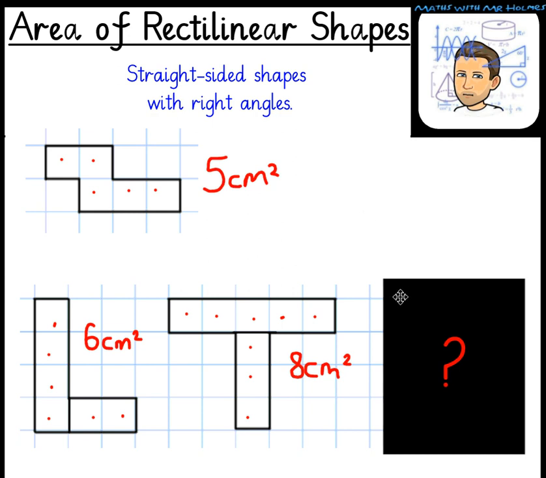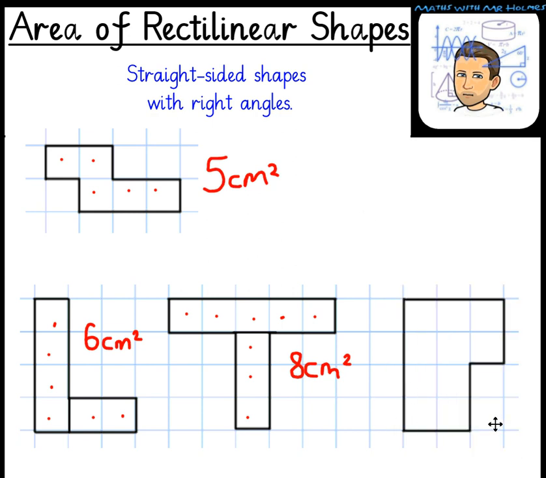Okay, and our final one, a bit like a letter P without the little hole. So let's try a little trick. So we could split it across this way. I think I am going to split it just here. So I can see that we've got 2 little squares there. And then I can use my times tables, if you can remember from our area of rectangles. So we've got 2 across here, and we've got 4 down.